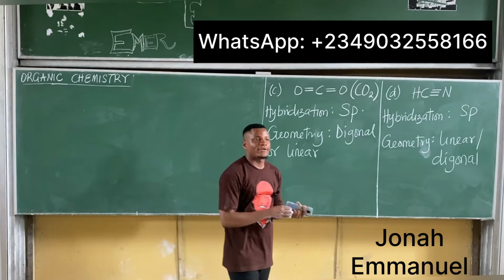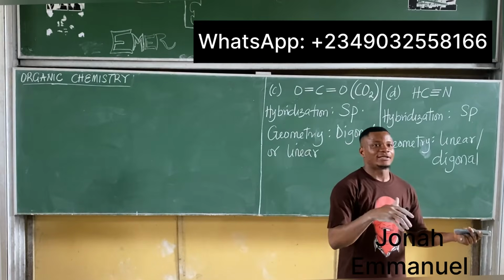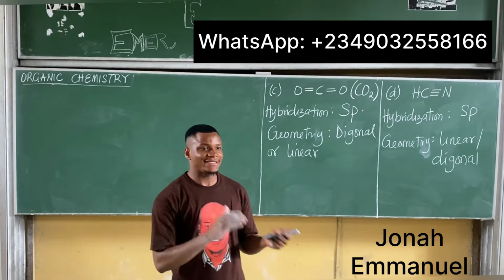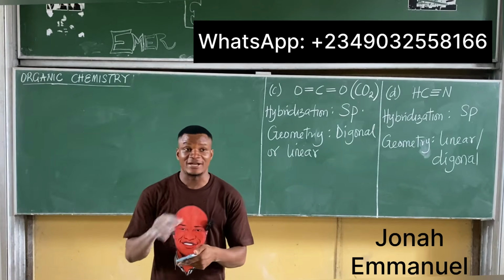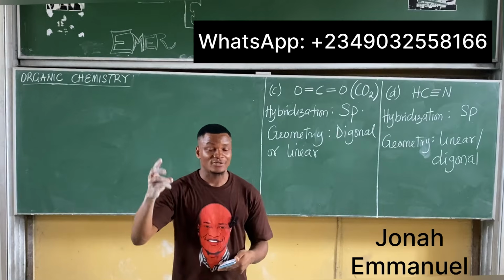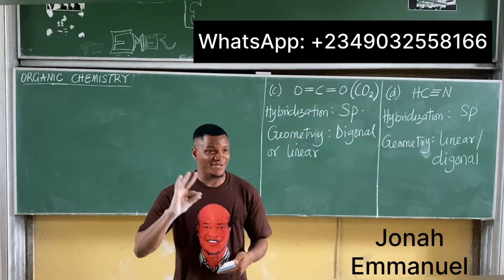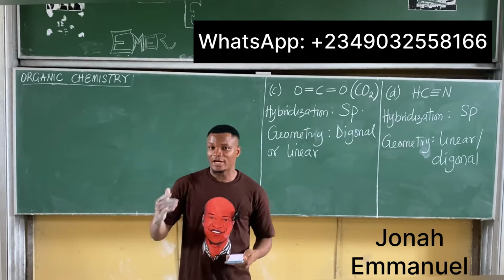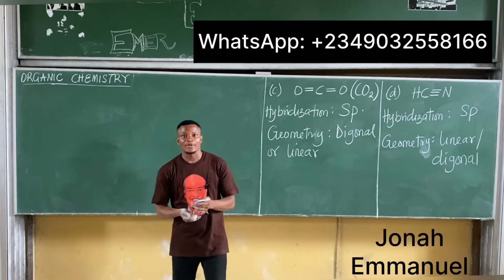So far, so good. I've given you 3 hybridization patterns: sp, sp squared, sp cubed. But apart from that, there's an s and there's a p. So now there's 5: s, sp, sp squared, sp cubed, and then p. Take down, please.